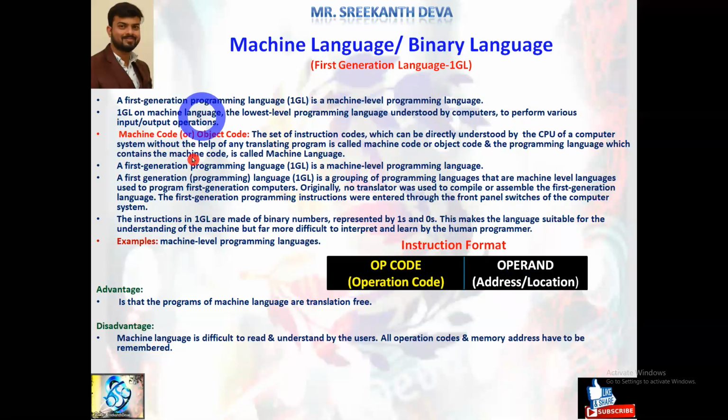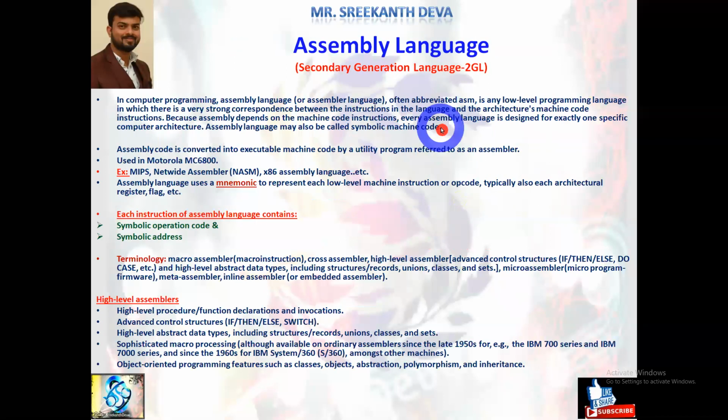First generation languages are machine dependent. Second generation languages are also machine dependent, but improved compared to the first generation. We use assembly language. Here the assembler is responsible. The assembler is the language translator, which converts assembly level language into machine understandable language. Assembly languages use symbolic operation codes and symbolic addresses.